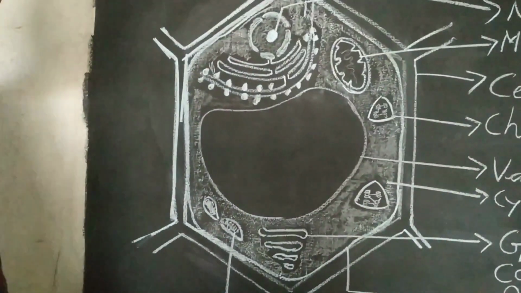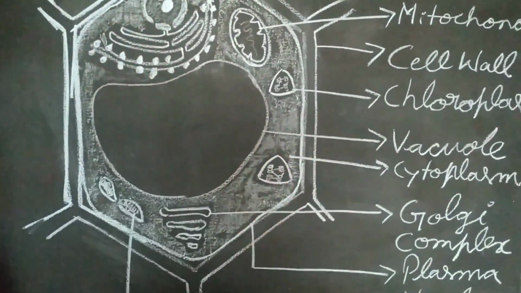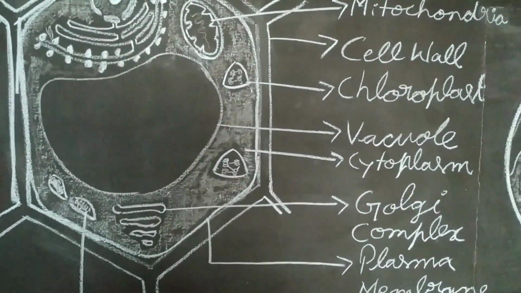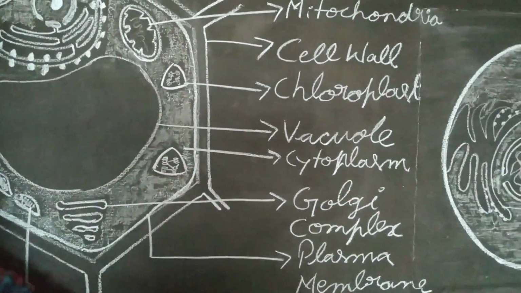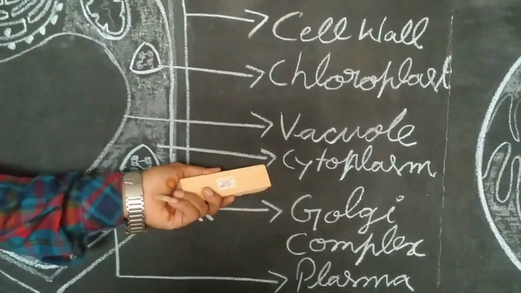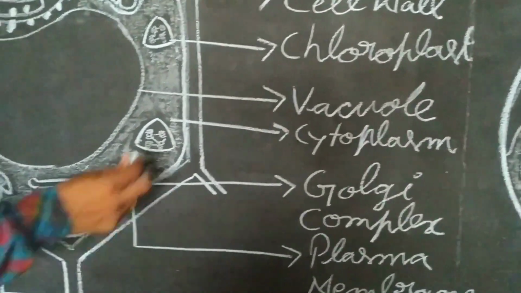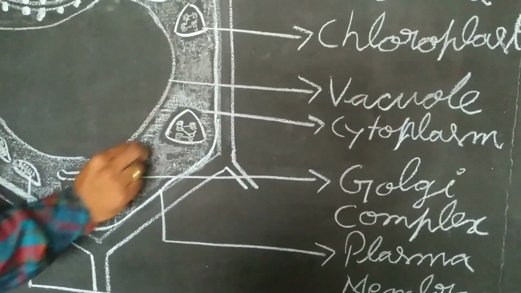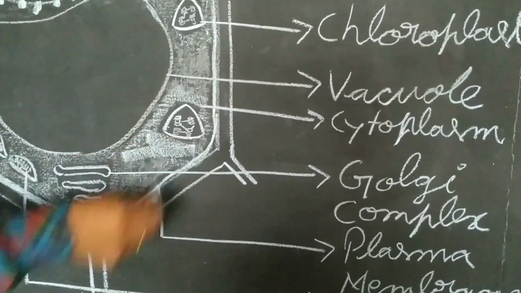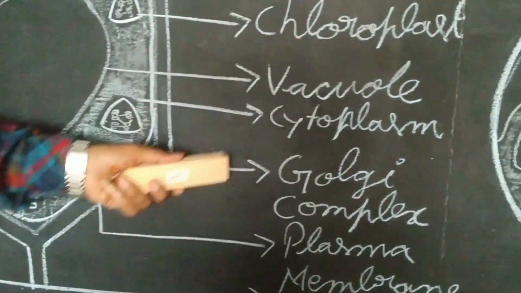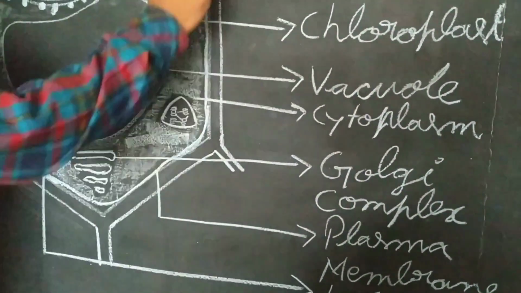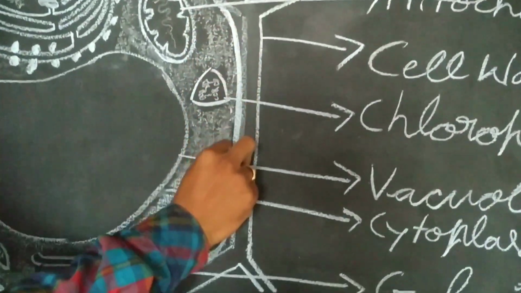The next one is cytoplasm. The cyto means cell and plasma means liquid. So the cytoplasm means liquid in a cell. So the empty space which is drawn like this is called as the cytoplasm, and the cytoplasm is also covered by a membrane in a plant cell.